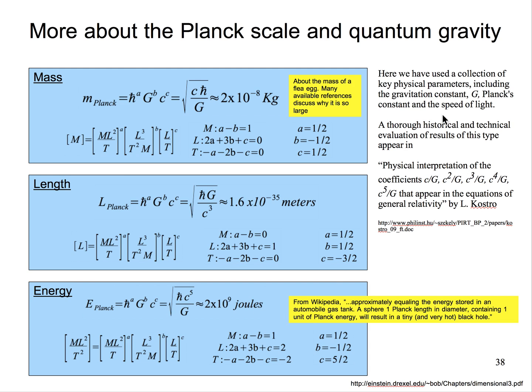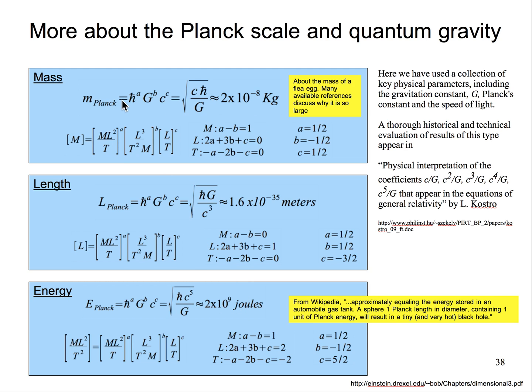Here's some additional information on the physical interpretation of combinations of H, G, and C. And they appear in all kinds of mixtures of this type in calculations in general relativity. But using dimensional analysis, we get the right answers.